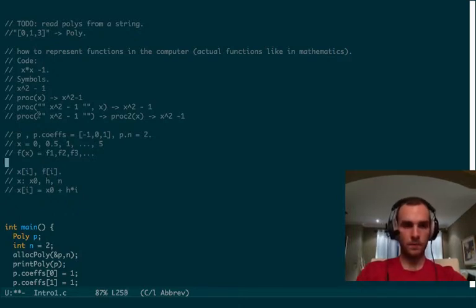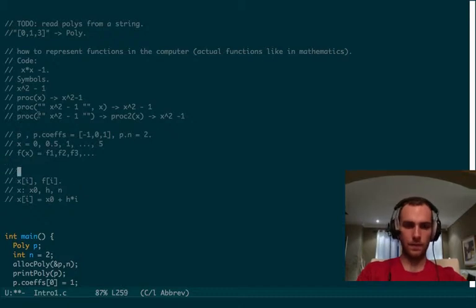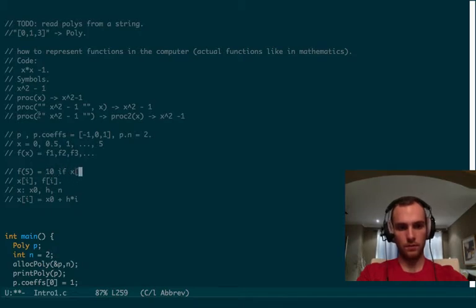So like written like this: f of 5 is equal to 10 if x of 3 equals 5 and f of 3 equals 10.